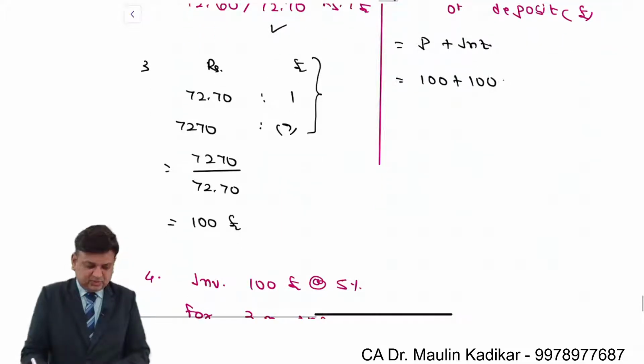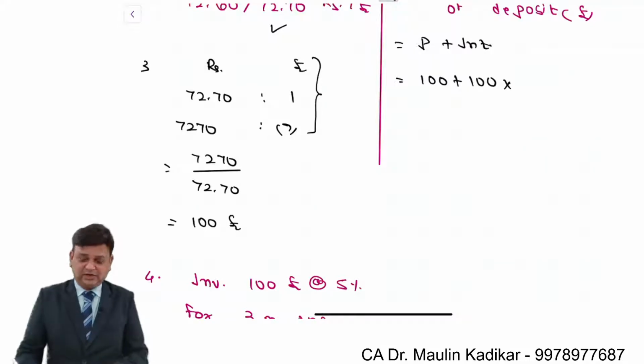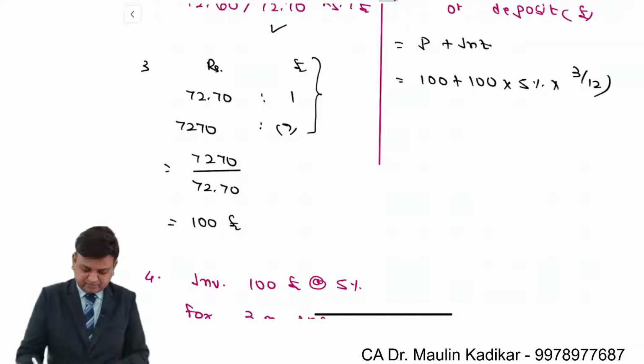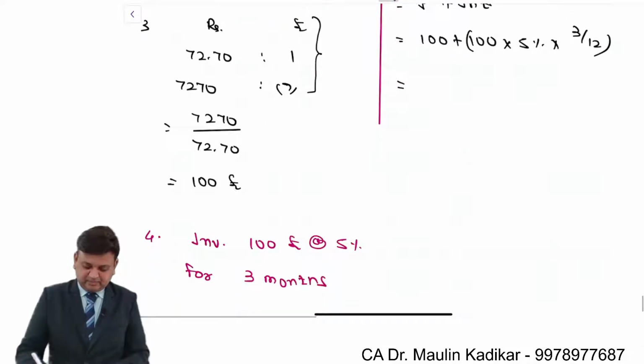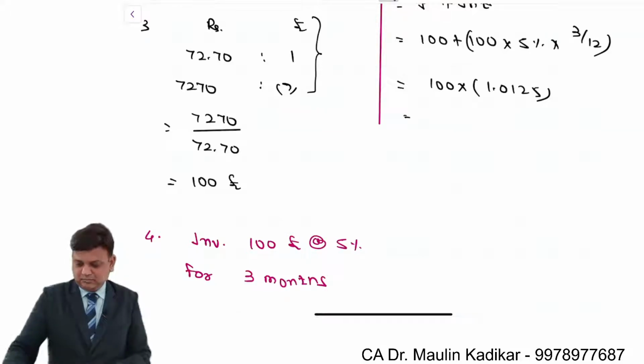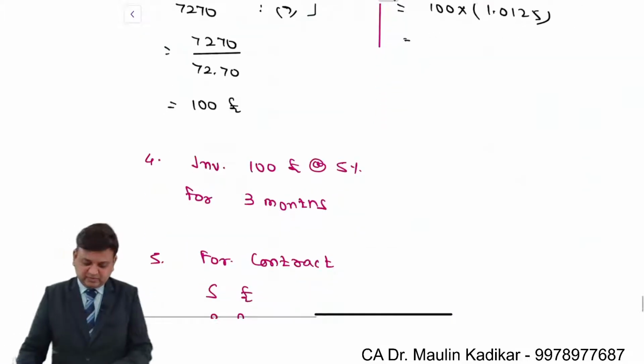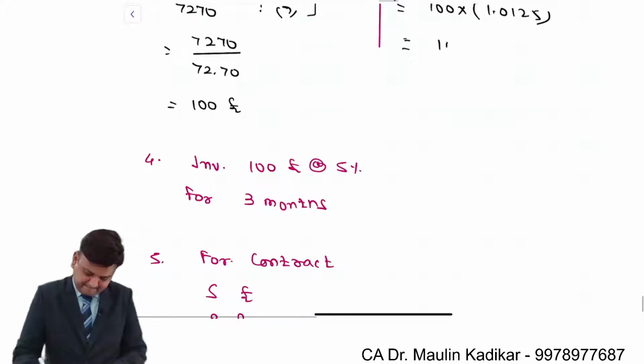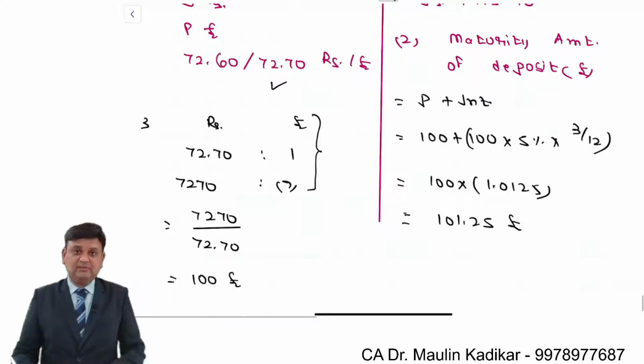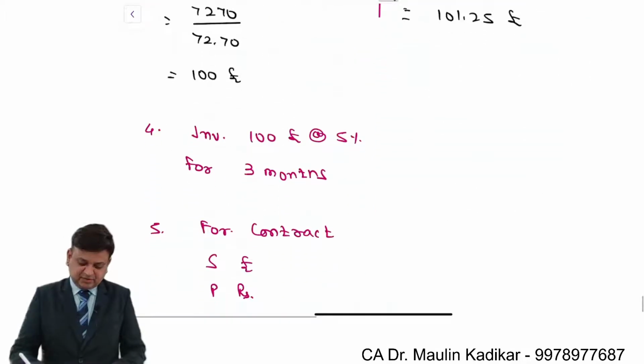So 100 plus 100 into the rate of interest 5% into 3 divided by 12. So 101.25. This is the maturity amount of deposit at the end of the 3 months.